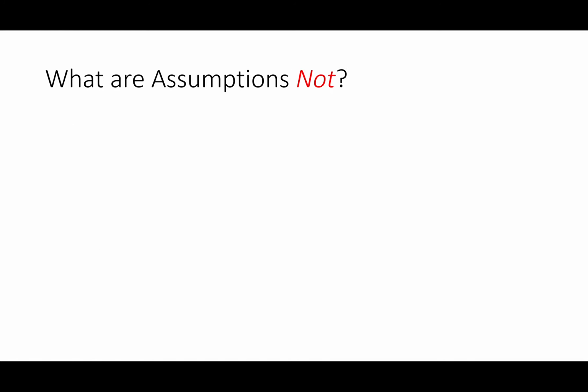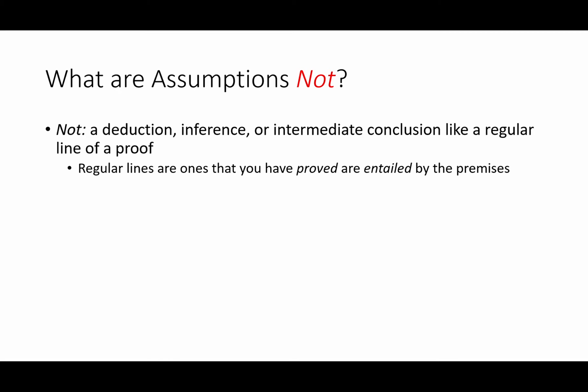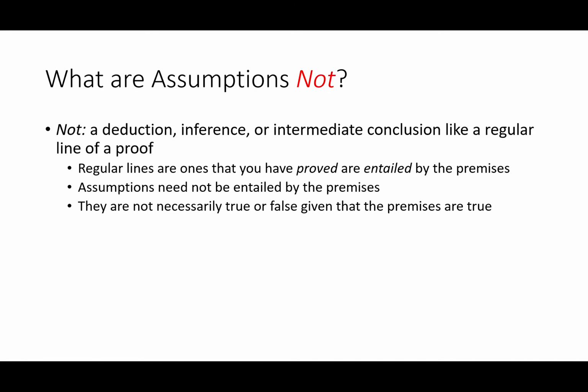What are assumptions not? They are not deductions, inferences, or intermediate conclusions like regular lines of a proof are. Regular lines are ones that you've proved are entailed by the premises. Assumptions need not be entailed by the premises. They are not necessarily true or false, given that the premises are true.